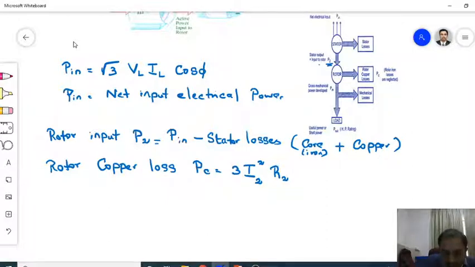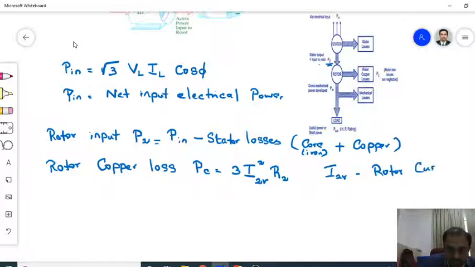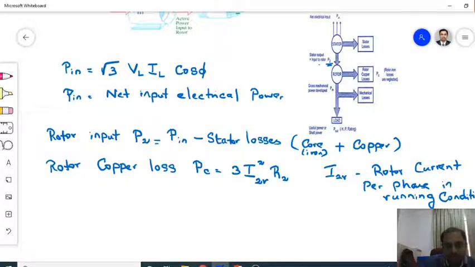So the rotor copper loss is 3 I2R squared R2, where I2R is the rotor current per phase in running condition.